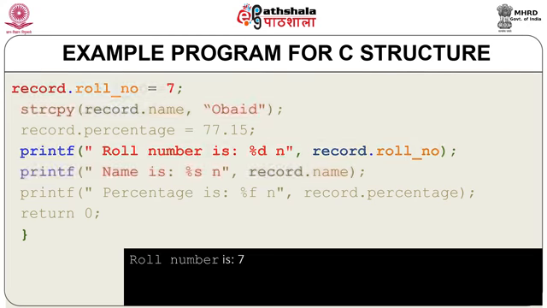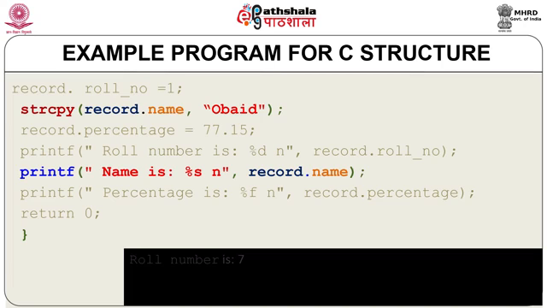The second, string copy record dot name comma Ubaid. So you are using a string function, that is string copy. You know the syntax of string copy A comma B, where A is the destination and B is the source. In this instruction, the source is the name Ubaid, and the destination is record dot name.